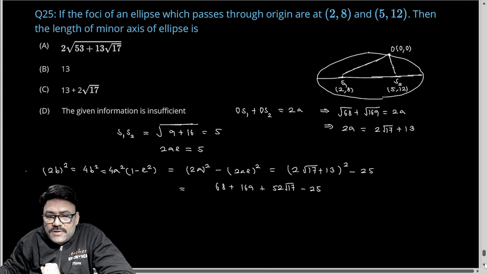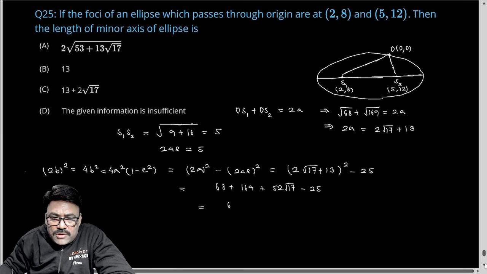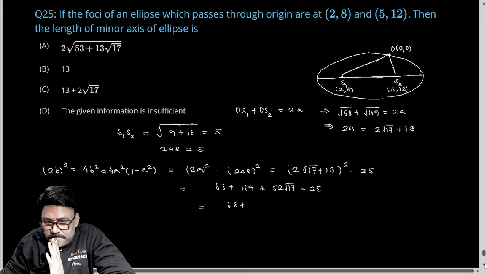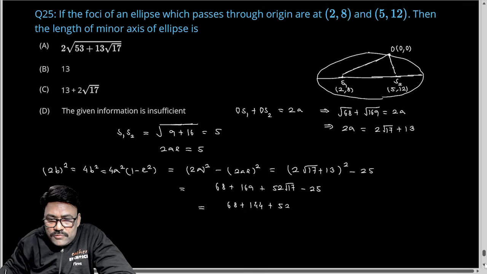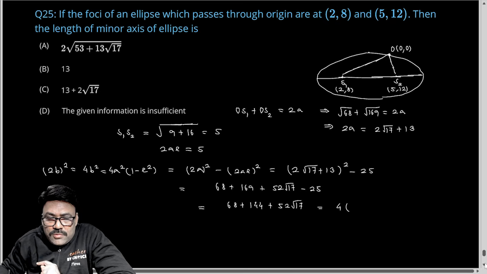So you are getting 169 minus 25, 144, plus 68 plus 52 root 17. If I take 4 common here, so it is 36 plus 17, 53, plus 13 root 17. This is 2B whole square.